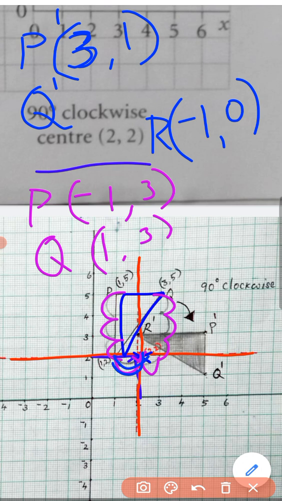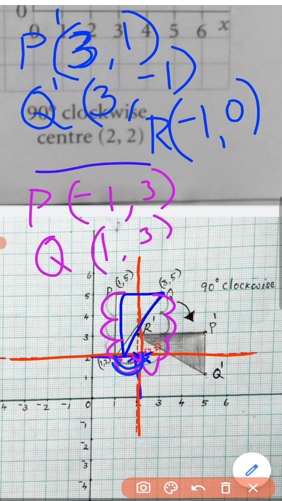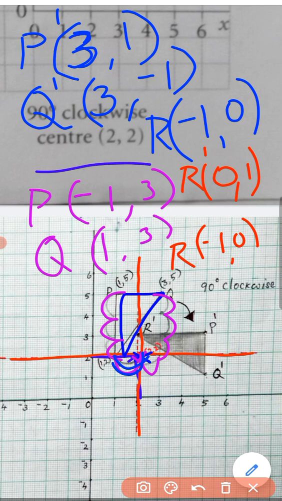So 3, -1. Now find R dash. R is -1, 0. So y, negative x means the opposite of x. The opposite of -1 is 1. So R dash is 0, 1.